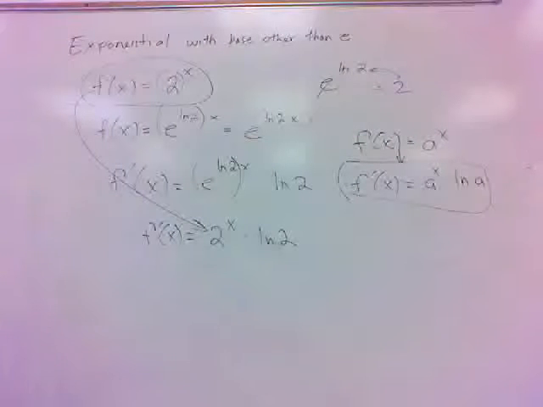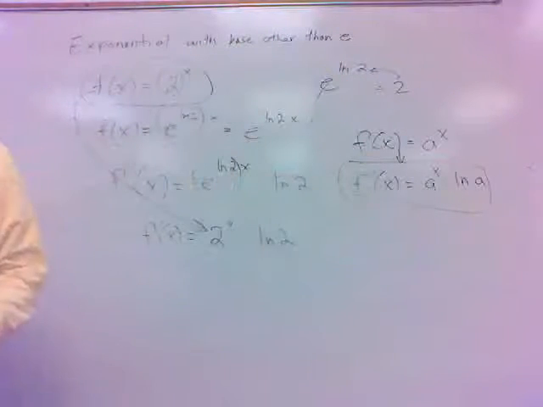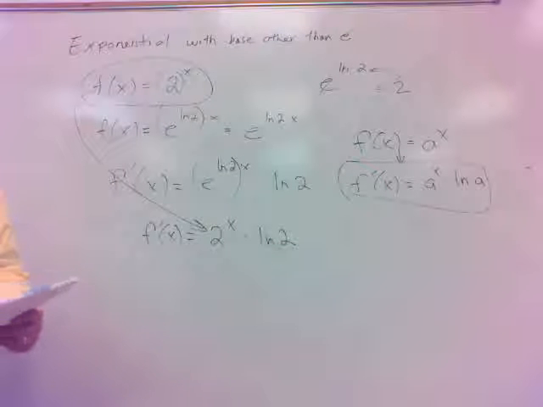So that's what happens when you have something other than e to the x. If you got 2 to the x, 3 to the x, 500 to the x, that's what happens. You multiply it by that extra factor of ln there. Okay?